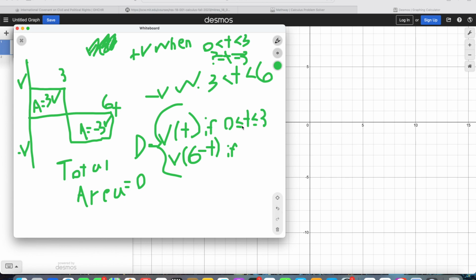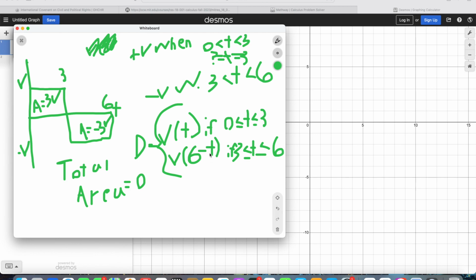So for 3 less than or equal to t less than or equal to 6, let's put in 6 here. 6 minus 6 is 0, velocity equals 0, right? His total distance once he reaches 6 is 0, as we described, because he goes forward 3, then backwards 3. So he'll end up at 0 after 6 seconds.